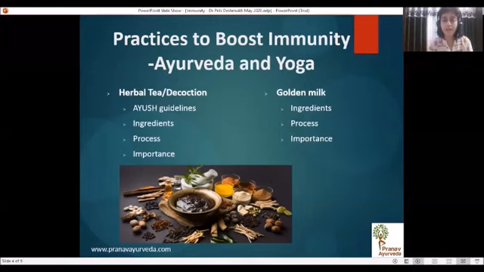Add 4 cups of water and boil it down to 1 cup. As per your taste, you can add jaggery, that is a natural sugar, and when it is lukewarm, you can add lemon juice also as per your taste.